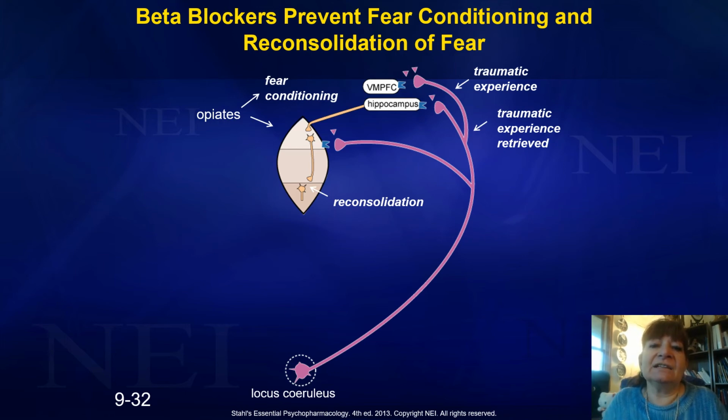So reconsolidation is the state in which reactivation of a consolidated fear memory makes it labile. So protein synthesis is involved in keeping the memory intact, but this may be disrupted by beta blockers.